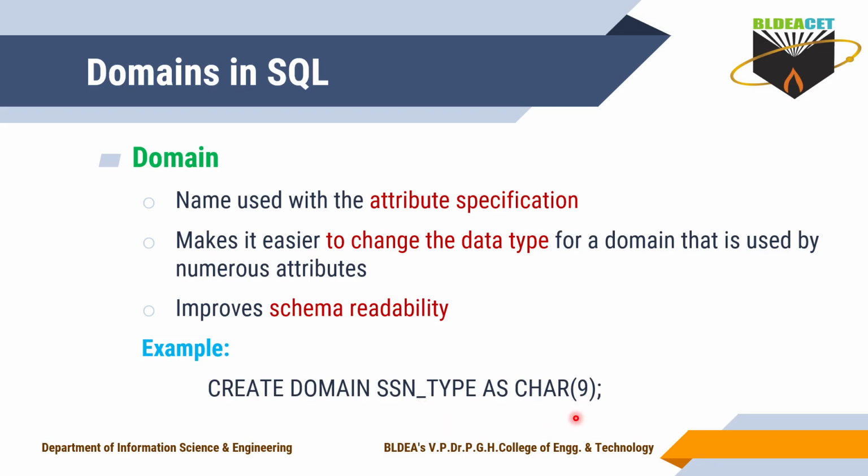In that case, in place of char(9), you can simply use SSN_type, which is a fixed 9 characters. So directly you can take it as SSN_type.